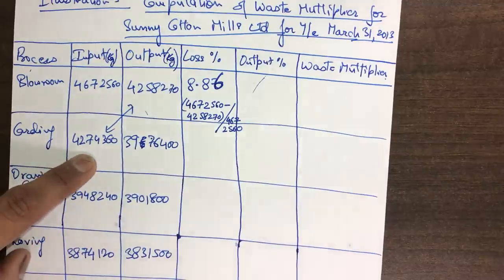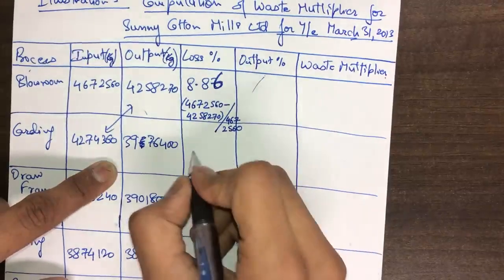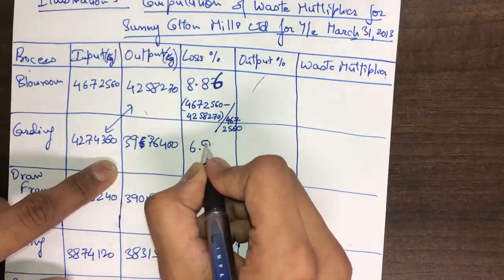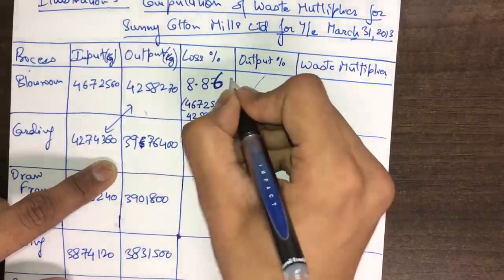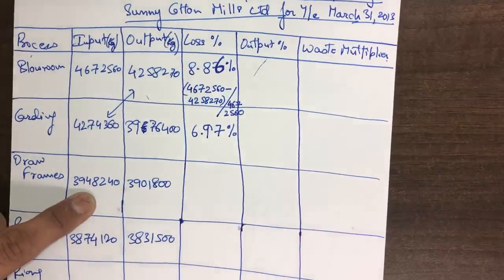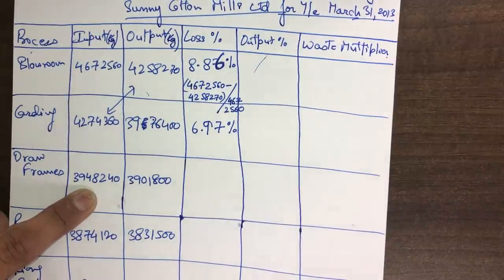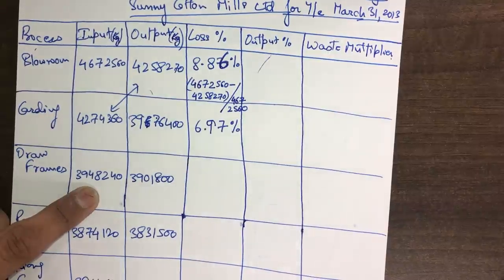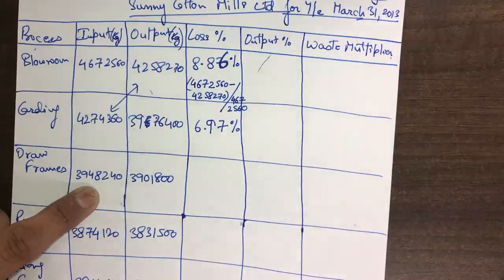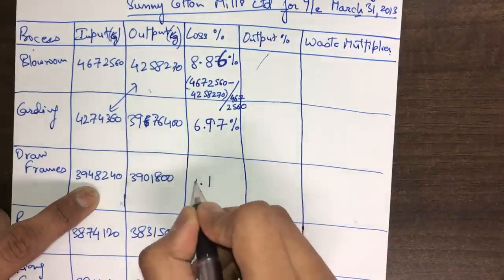Next is 42,74,360. .97%. I hope you guys are also calculating the waste percentage simultaneously. Yes, sir, we are. Loss percentage.